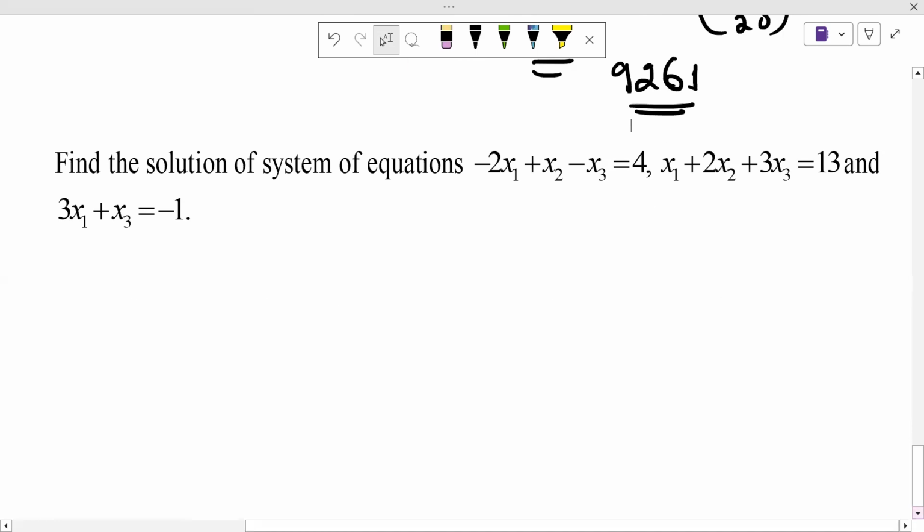There is another very important question for us, and we need to solve it using the matrix method. Three equations are given here.